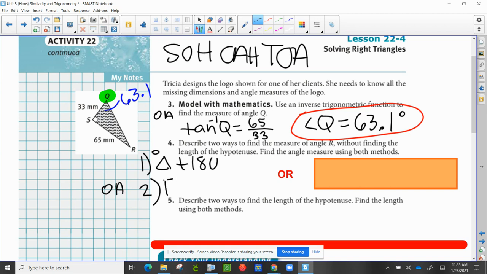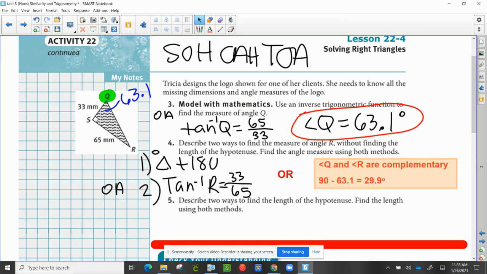So you can do the inverse tan again for angle R. Just set up a different ratio. So opposite would be 33 over 65 this time. So there's two ways to do it. Or the last way, if you remember from the previous lesson, angles Q and R should be complementary. So if you know angle Q, subtract it from 90 and you have angle R.